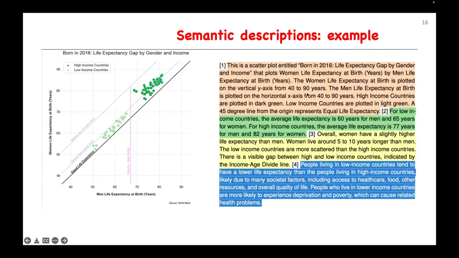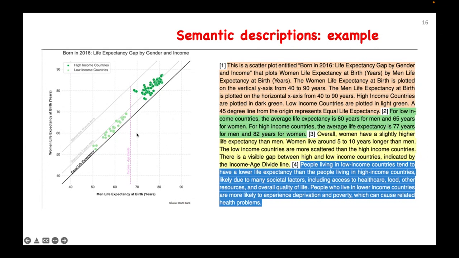That's the sort of low-level stuff we saw before, which we know is not very helpful. The most helpful things would be: for low-income countries, the average life expectancy is 60 years for men and 65 years for women. For high-income countries, the average life expectancy is 77 years for men and 82 years for women.